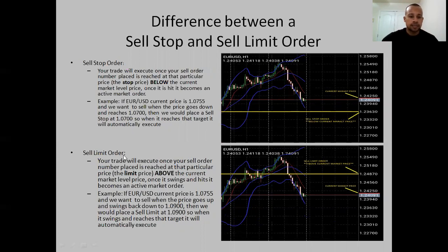Sell limits are the same thing as we explained with the buy limits. Basically we're looking for the market to come up and then swing back down to a lower level. So the sell limits will be placed above the current market price. We want that swing trade to occur, come back down, and then activate that order.